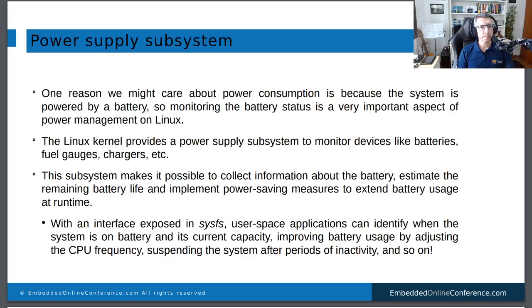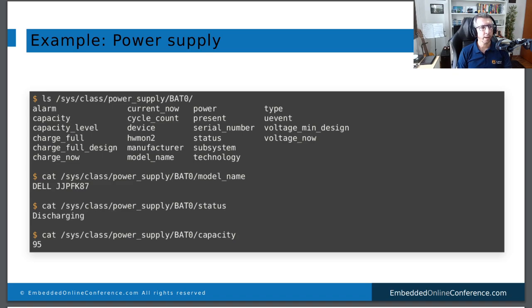Power supply is another subsystem provided by the Linux kernel that you can use to manage power supplies, for example, a battery. And that's very important, right? Especially if you have a battery connected to the system, you might want to monitor that. I cannot show you the terminal here because I don't have a battery connected to a device. This is from my notebook, those commands.